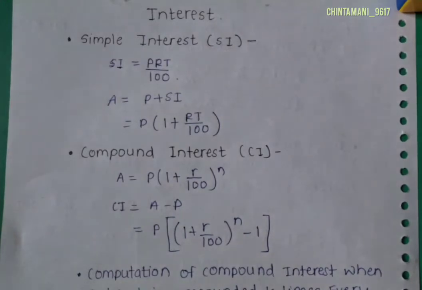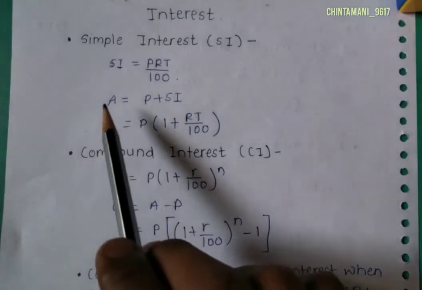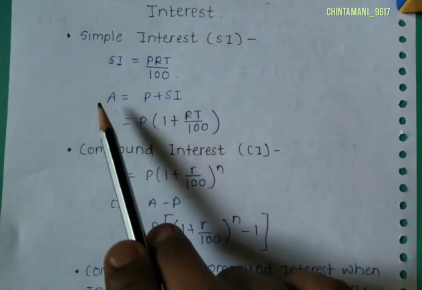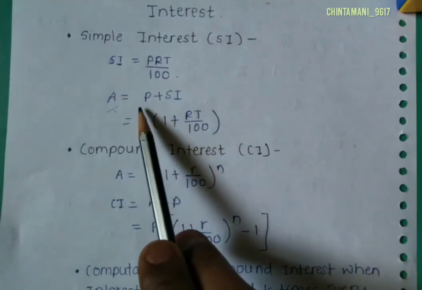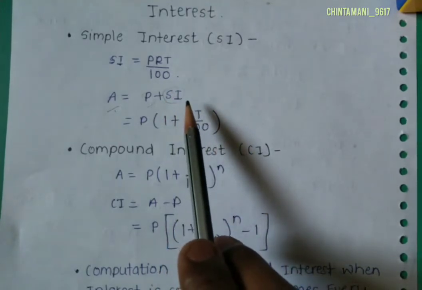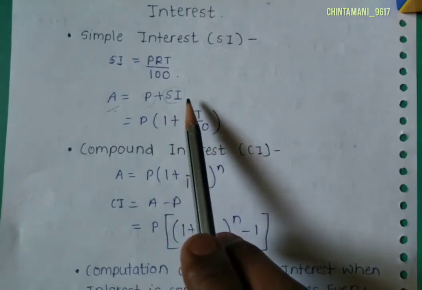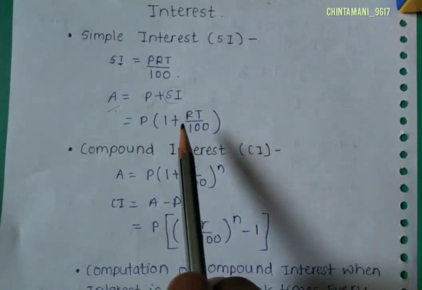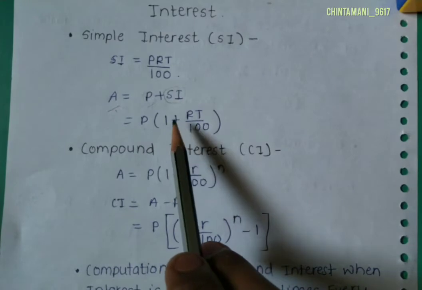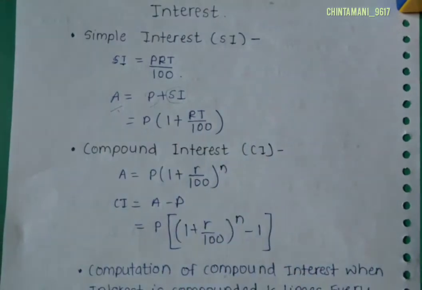T is the time period for which we borrowed the money. Then the amount is equal to P plus simple interest. The total amount means the borrowed money plus the simple interest for a certain period of time and at a certain rate.